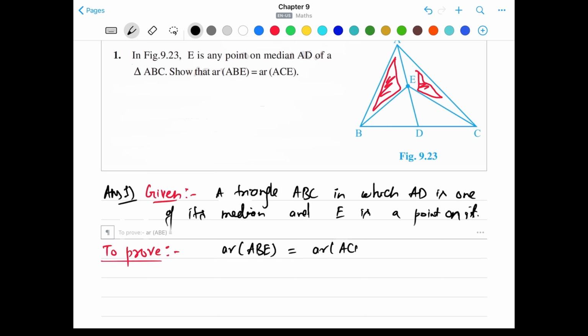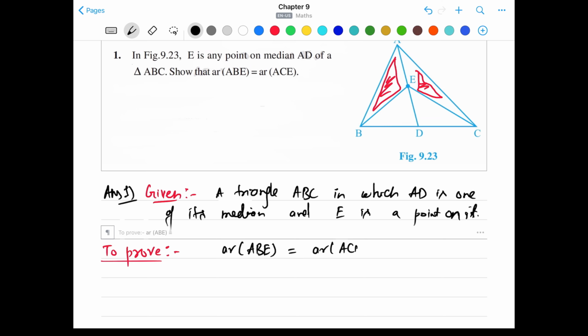So what we are left with is the area of only the red triangle. Okay, so we'll write area of triangle ADB minus area of triangle EDB.